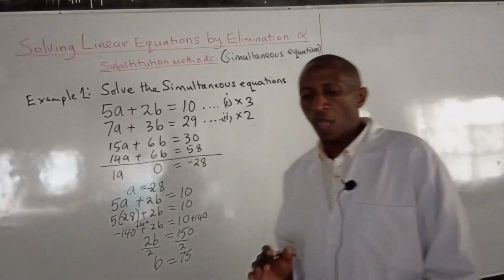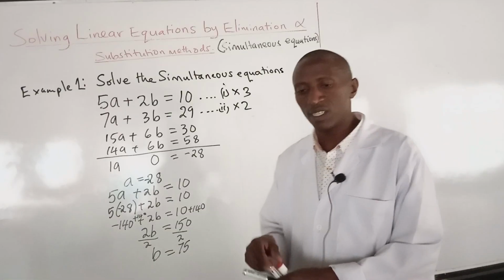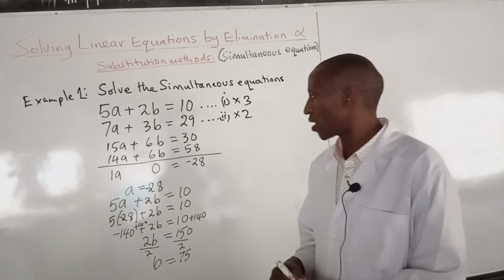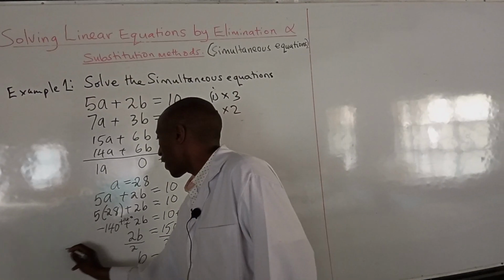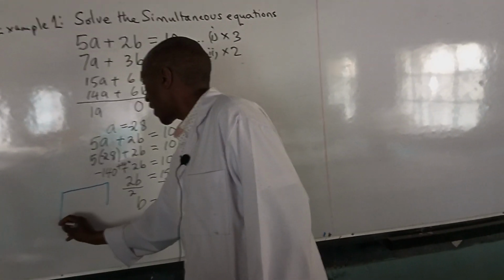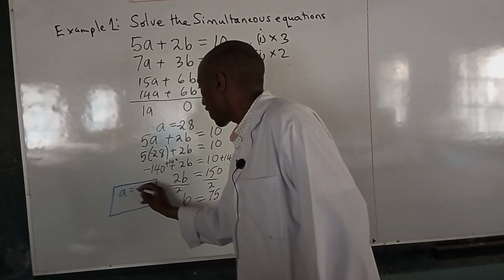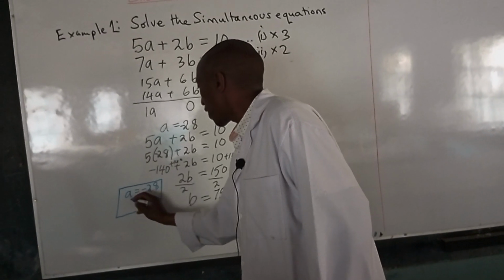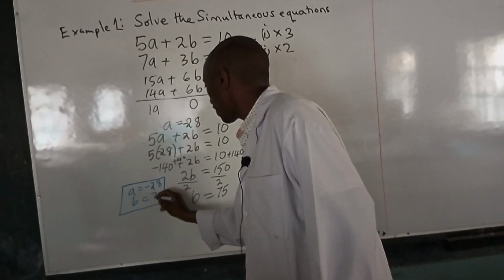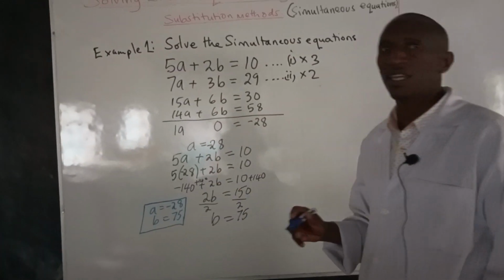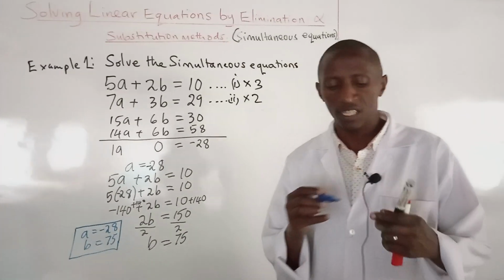So after establishing that, it is very important that you highlight your solutions somewhere here. I can put them together, and I'll show that a is negative 28 and b is 75, so that clearly we can be able to see the solutions.